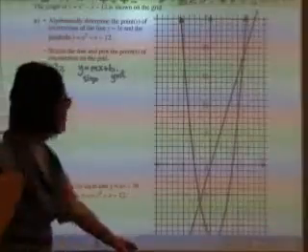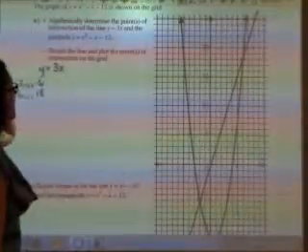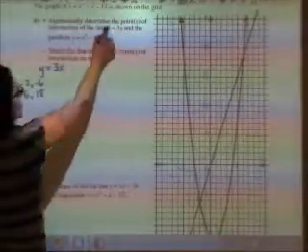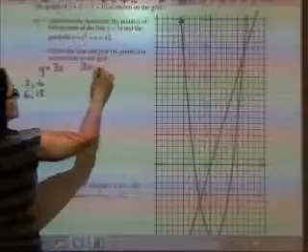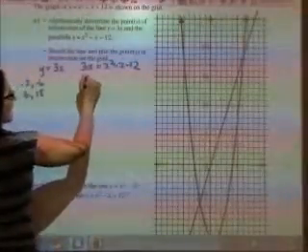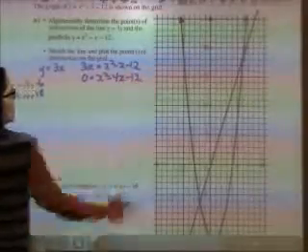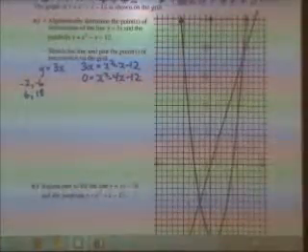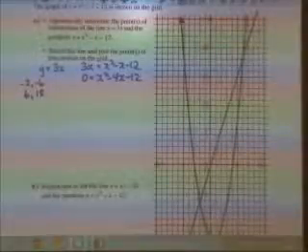Okay. If I decided to do this algebraically, I could use substitution. Y equals this graph and y equals that graph. The two graphs would have to equal each other. So then I'd bring the 3x over, and it would become a negative 4. And then I'd solve what multiplies to negative 12 and adds to negative 4. The answer being negative 6 and positive 2.